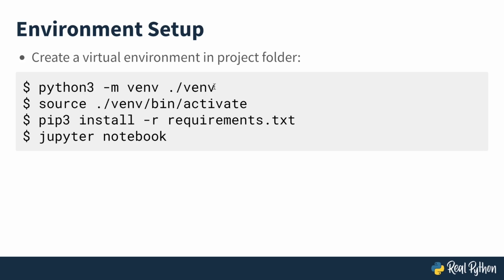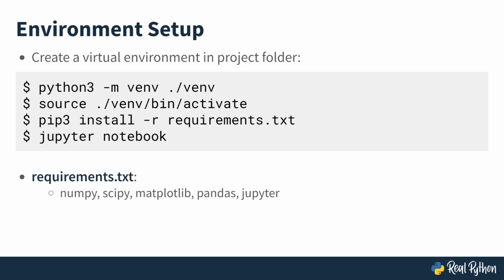Once you've created the virtual environment, you'll go ahead and activate it with the second line and then use pip to install all of the modules that we need, which can be listed in a requirements.txt file. And then once that completes, all you do is from the terminal type jupyter notebook, and that will fire up a Jupyter server and an instance of Jupyter in your browser.